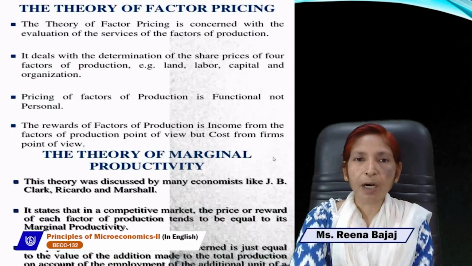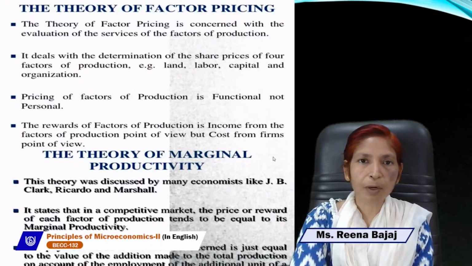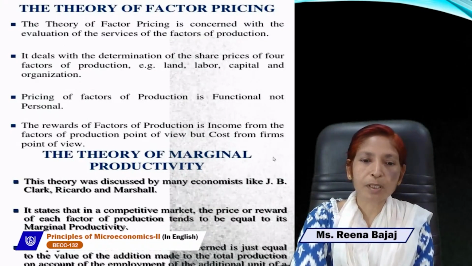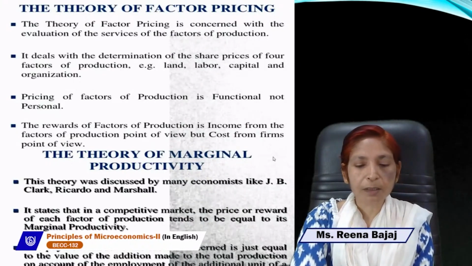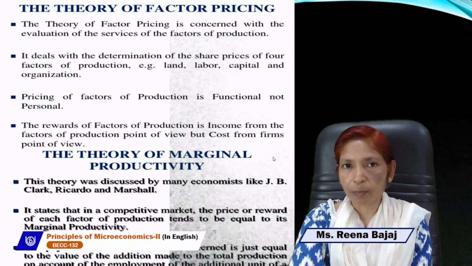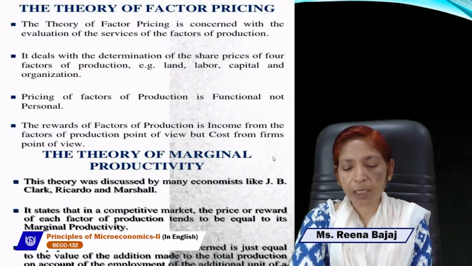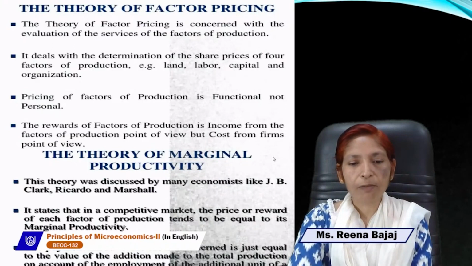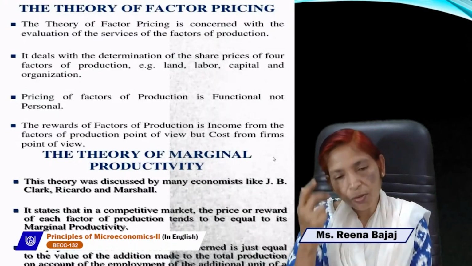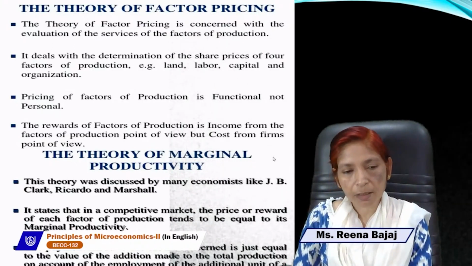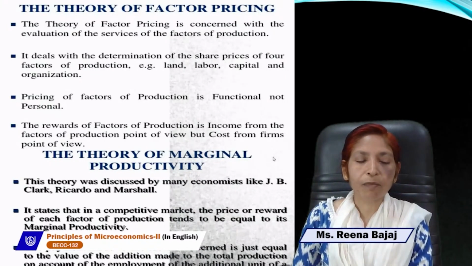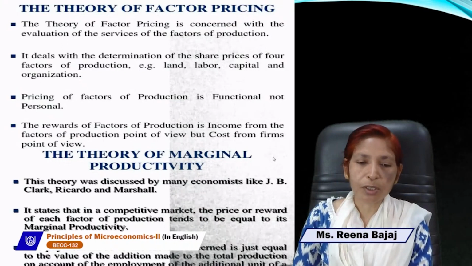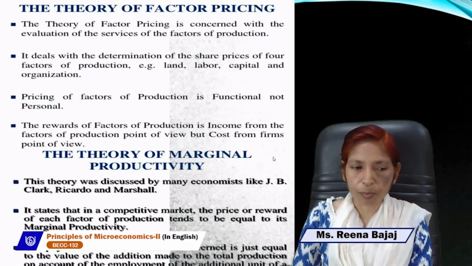Because in demand for inputs, we discussed that the demand for input is always indirect demand or derived demand, and it is also joint demand. So we can't determine the individual factor's contribution because all factors like land, labor, capital, and entrepreneur give contribution in the production of goods or output.